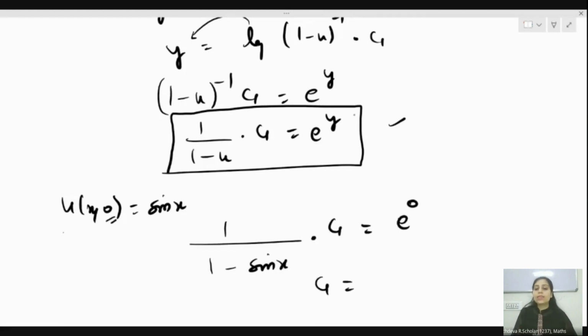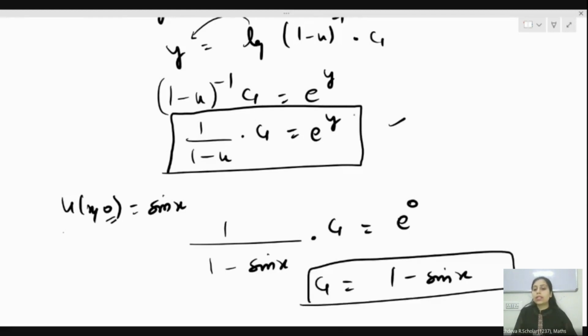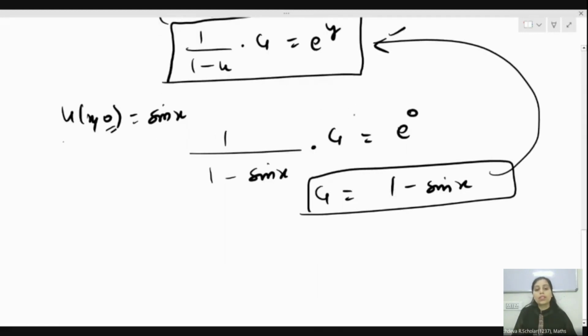So we get c1 is equal to 1 minus sin x. So substituting this constant here, we get the final solution. What is the solution? 1 upon (1 minus u) into (1 minus sin x), as the c1 value is 1 minus sin x, is equal to e raised to power y.